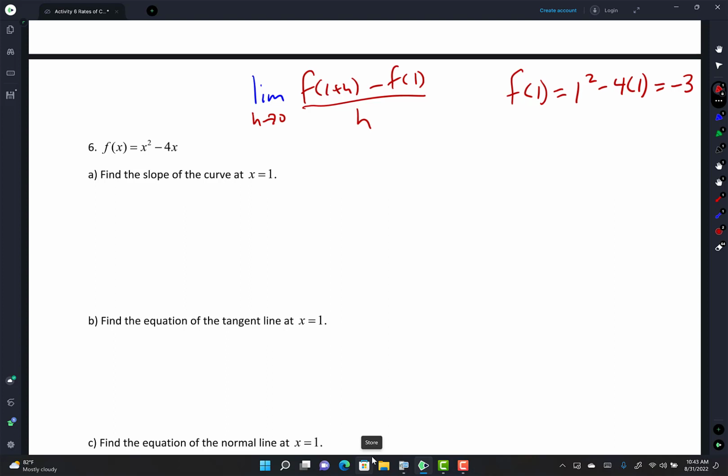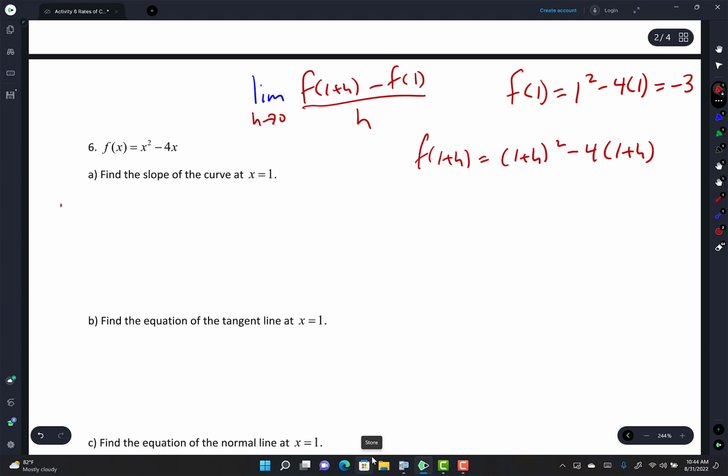No, I mean, that one's a tangent line, the equation. But some of that work could have gone over there. So all you're doing is f of 1 plus h: 1 plus h squared minus 4 times 1 plus h. And this is what you're doing on this one.